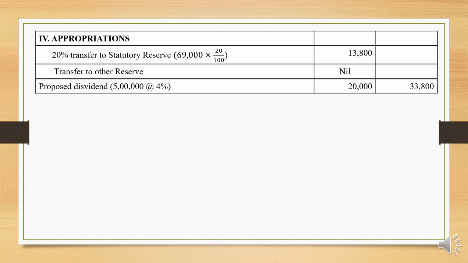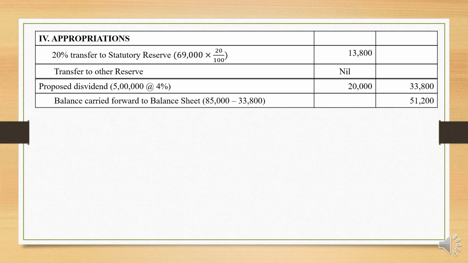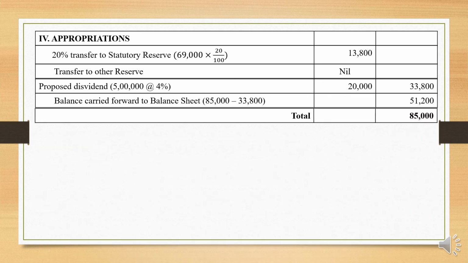Therefore, the total amount of dividend supposed to be paid is 20,000. 33,800 is the total appropriation, and therefore the remaining balance carried forward to the balance sheet is 85,000 minus 33,800, that is 51,200. So the total appropriation is 85,000.